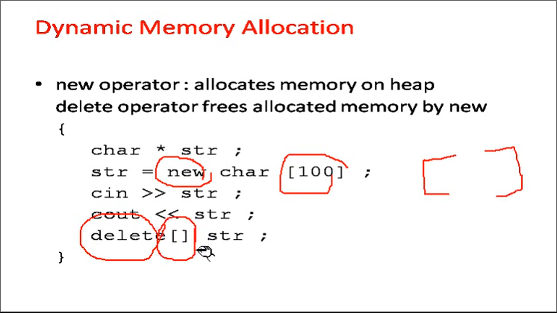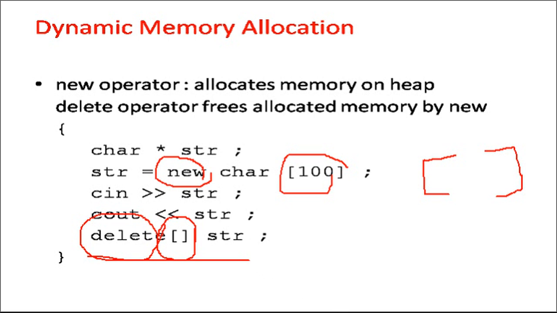That is the most important thing. The 100 bytes allocated by new have now been deleted. It is the responsibility of the programmer: whenever you allocate memory dynamically, you need to deallocate it.